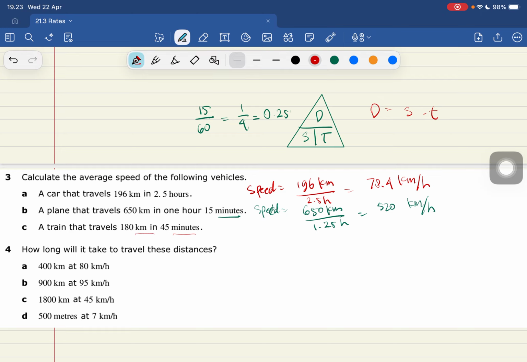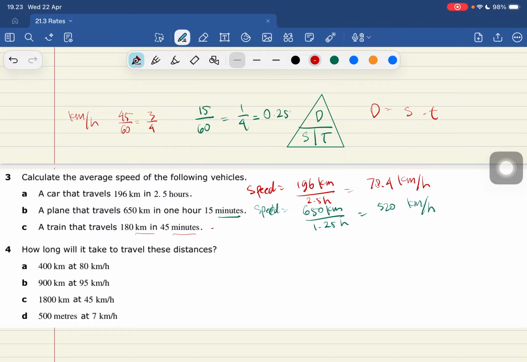Next, kilometers and minutes. We need to convert the unit, as the speed is kilometers per hour, not kilometers per minute. So 45 over 60, simplified, is 3 over 4. Let's keep it that way. So the speed is 180 kilometers divided by 3 over 4 hour. The unit is still kilometers per hour.